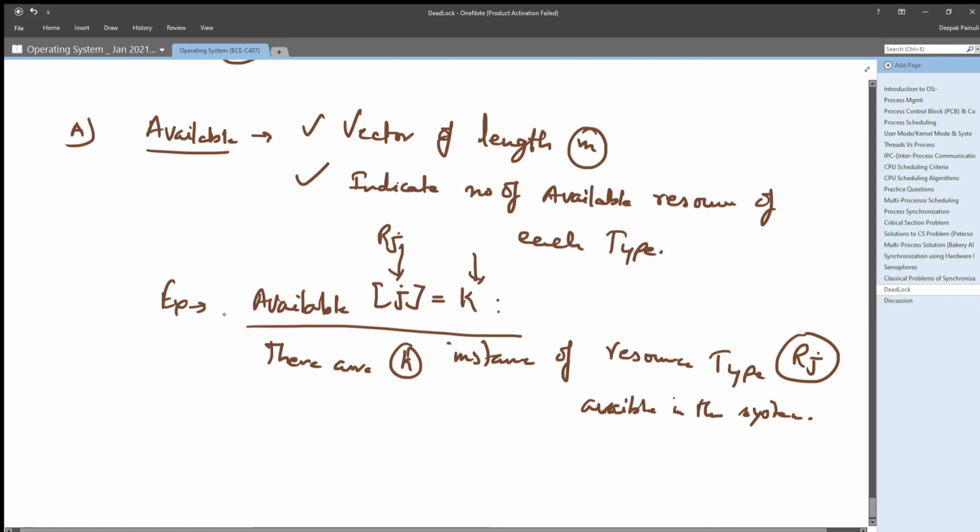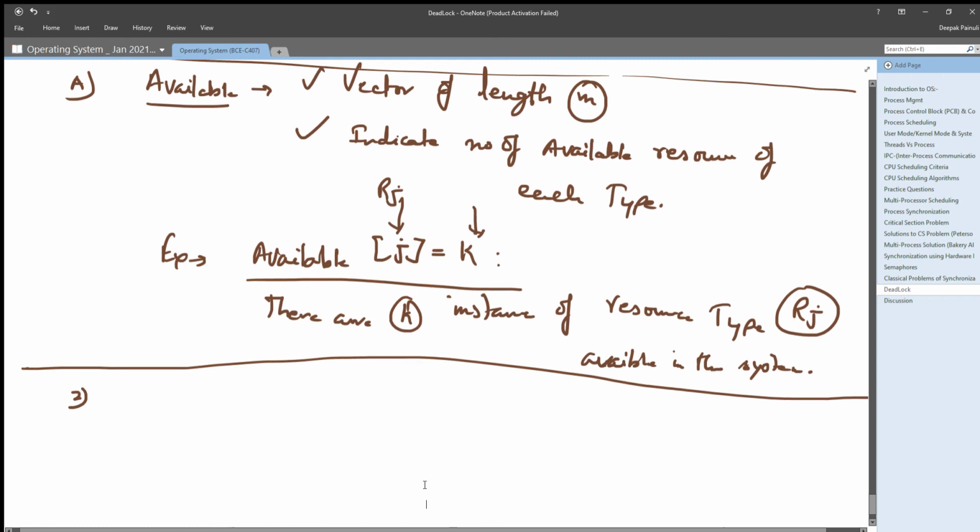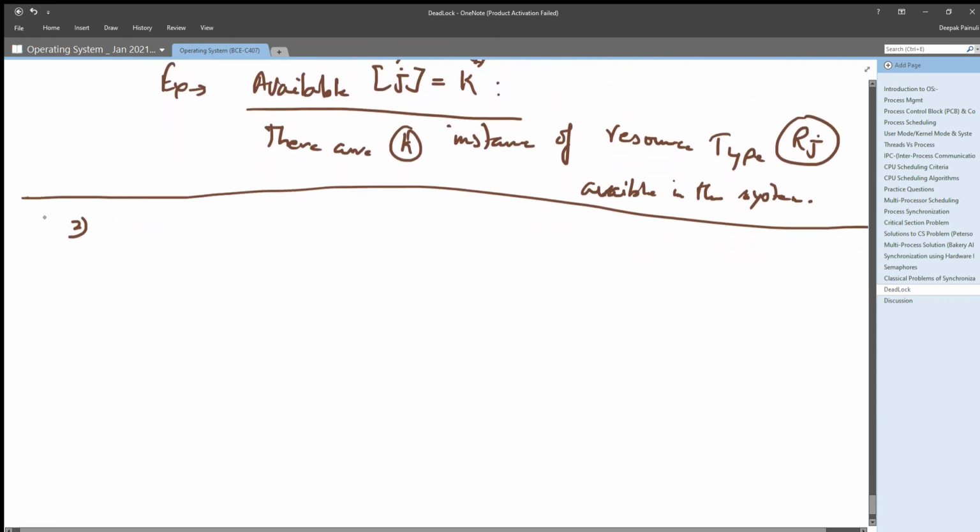The next data structure this algorithm will use is Max, which will be a matrix of size n into m.